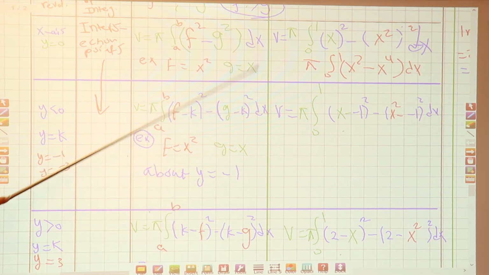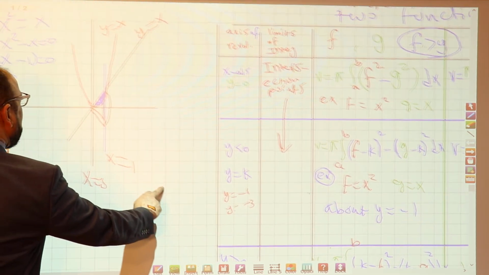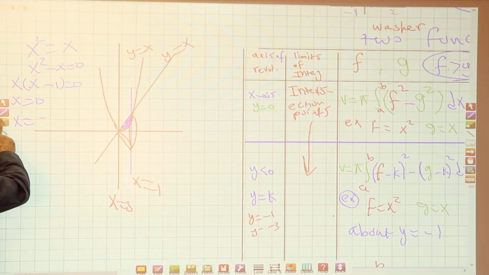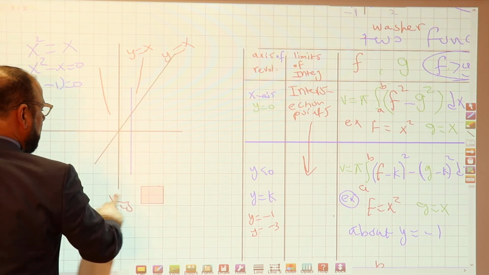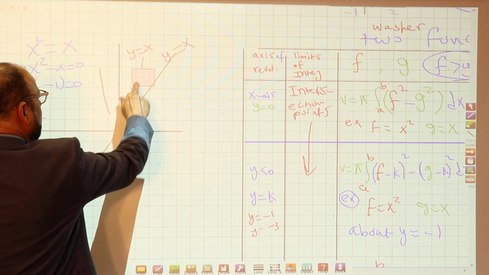Okay, now easy. Now x squared and x, we already found the intersection, right? The revolving will be where now? About x equals what? -1. 0 to 1. This 0 to the right.